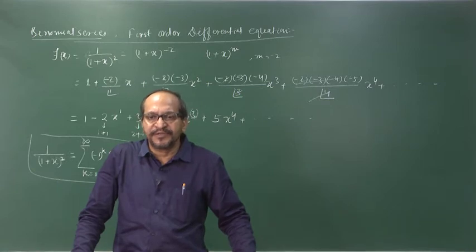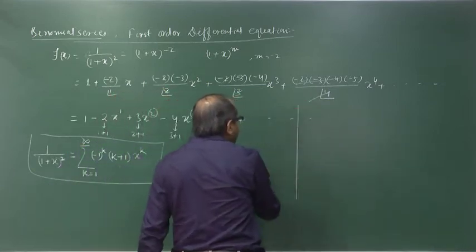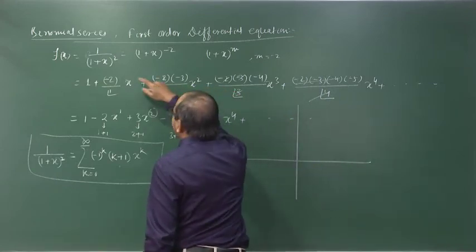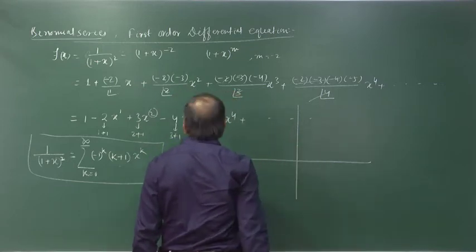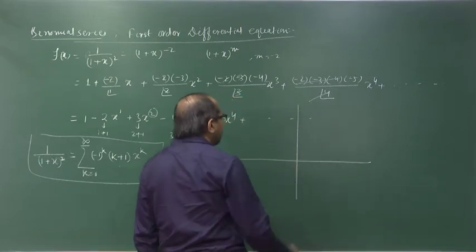So, the purpose of this power series expansion is that every function can be approximated as a polynomial of high order expansion. For example, if we draw this graph f of x is equal to 1 by 1 plus x square, when x is equal to 0, f of x is equal to 1. So, the intercept is here. As x increases, the function value decreases.